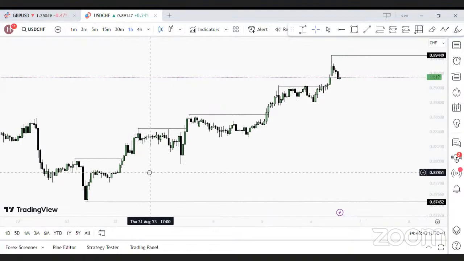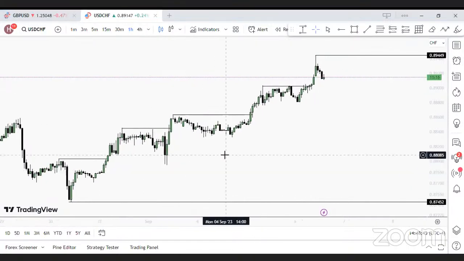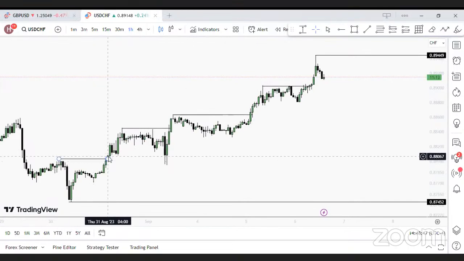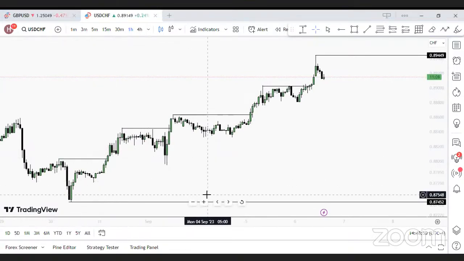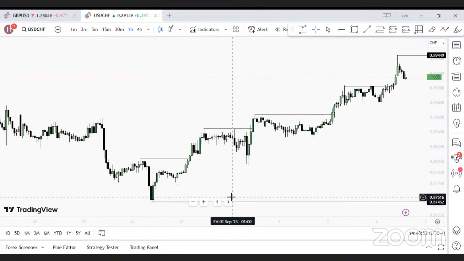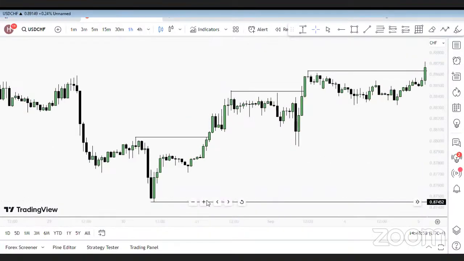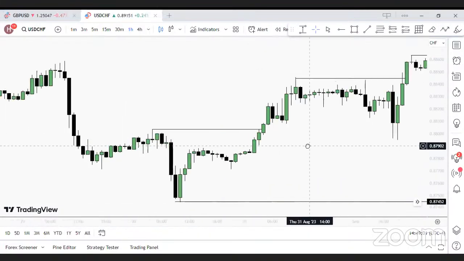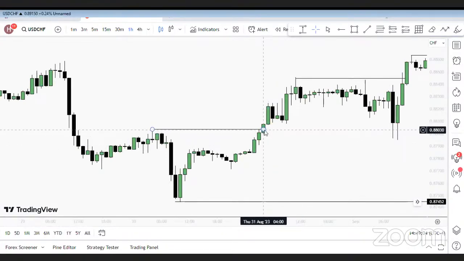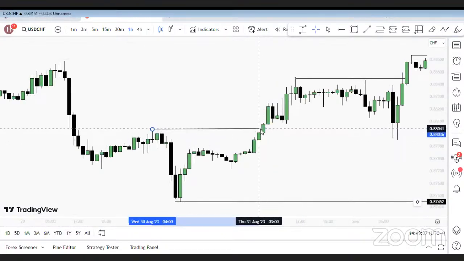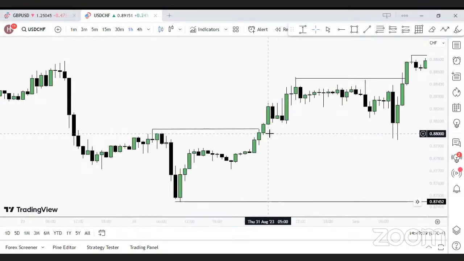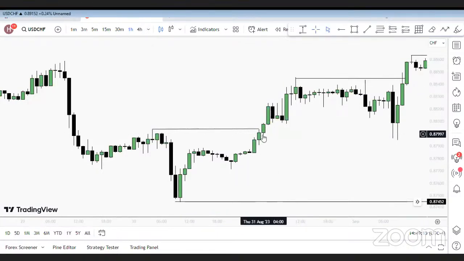Here we have a break of structure to the upside. Let me zoom onto the candle so that you see it better. I'm talking about this current candle. This is the candle that broke to the upside.